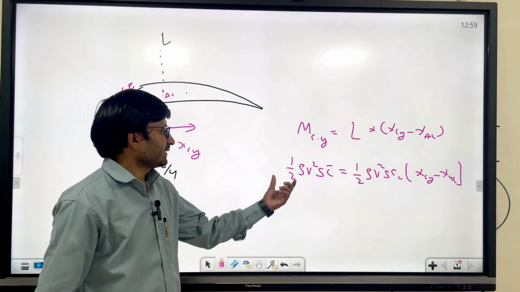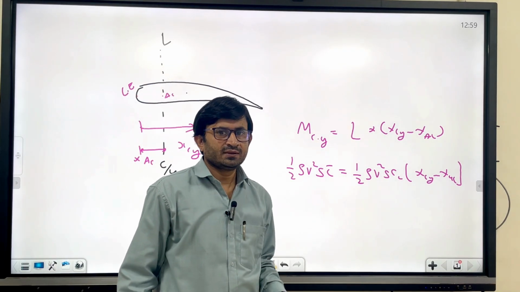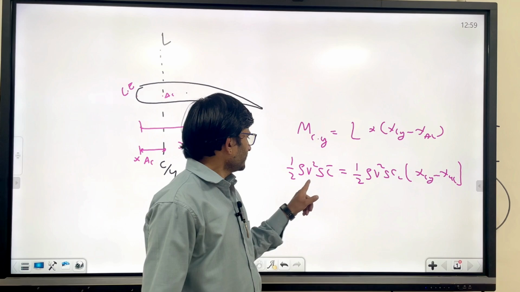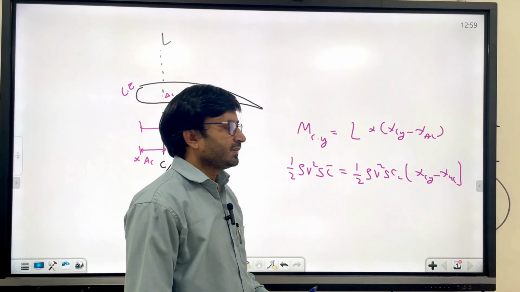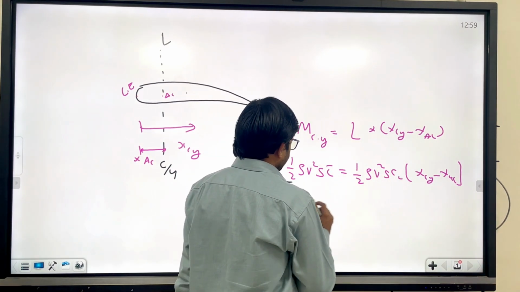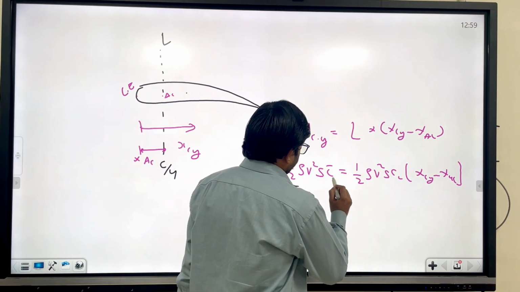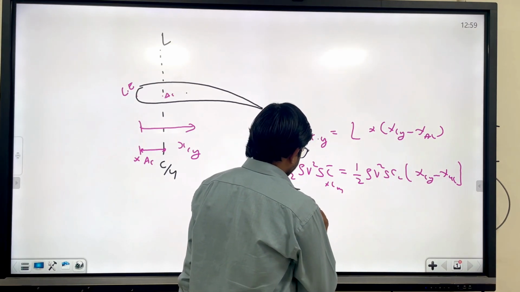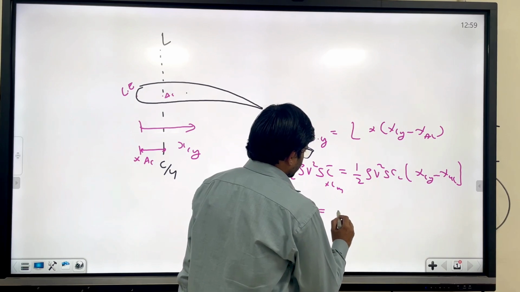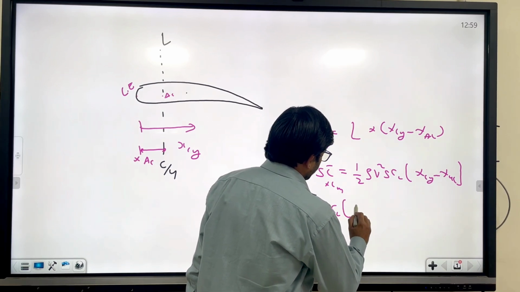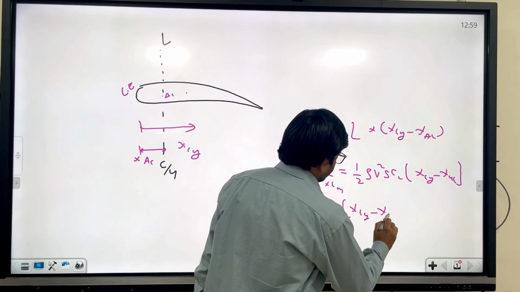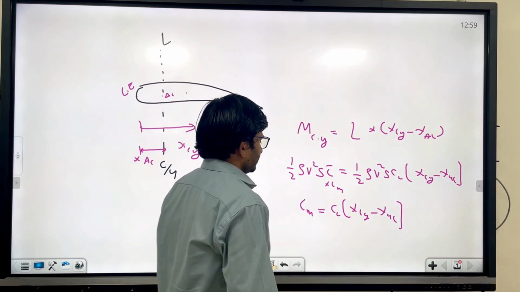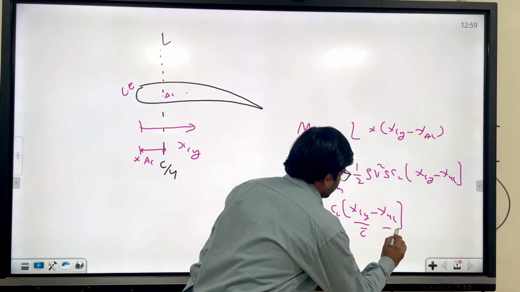Half rho V square is the dynamic pressure, where rho is the density and V is the aircraft velocity. S is the wing area, C bar is the mean aerodynamic chord, CL is the lift coefficient, and Cm is the pitching moment coefficient. So we can write Cm equal to CL into XCG by C bar minus XAC by C bar.